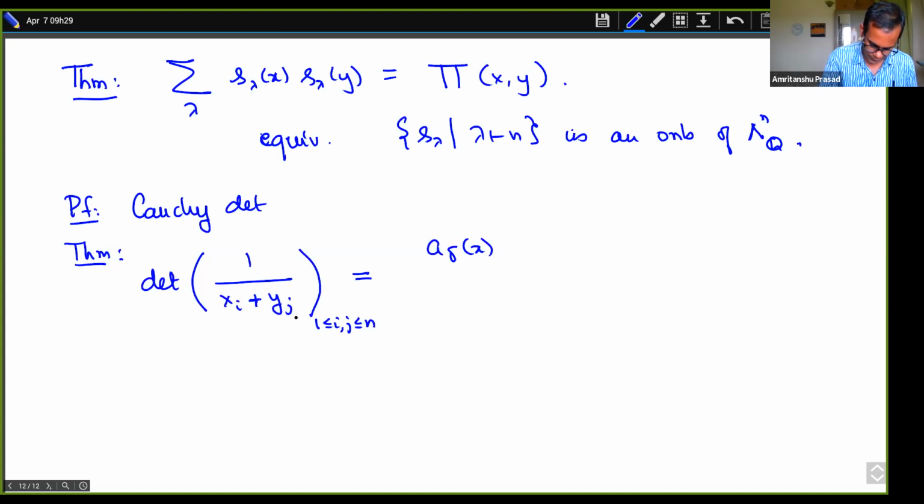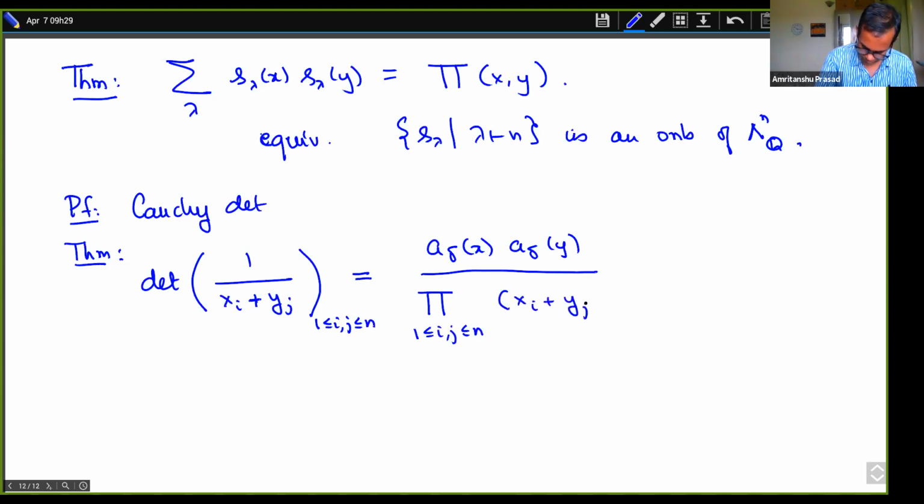So this is a determinant of an n by n matrix, in x1, x2, ..., xn, and a delta y divided by the product, with i, j going from 1 to n, of x_i plus y_j. This is called the Cauchy determinant.